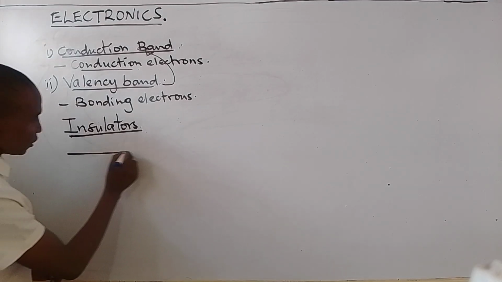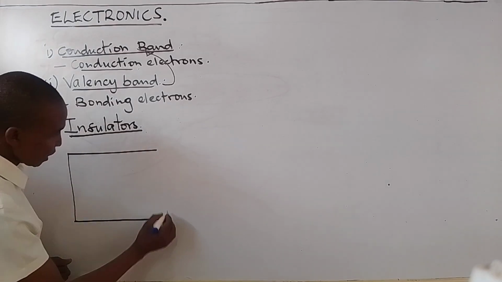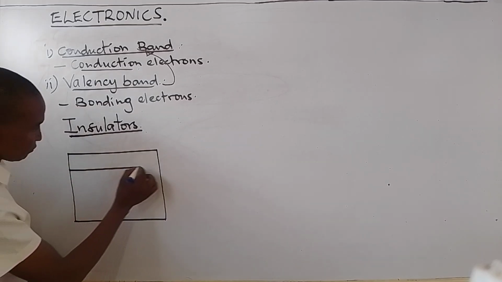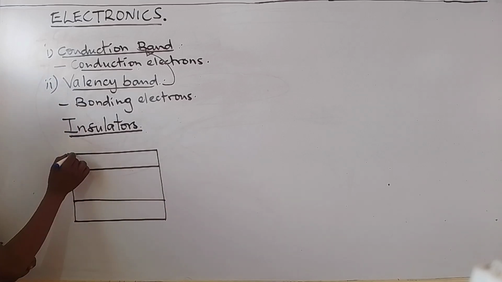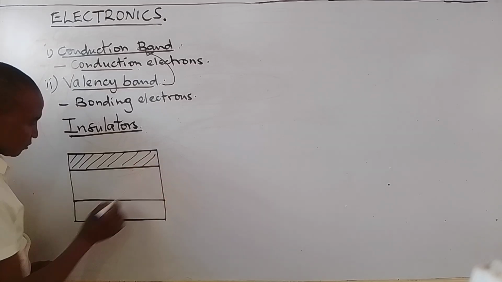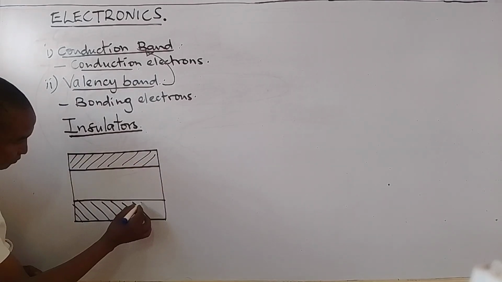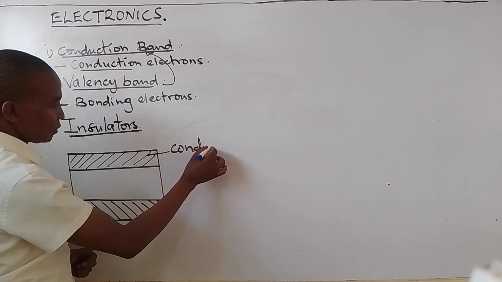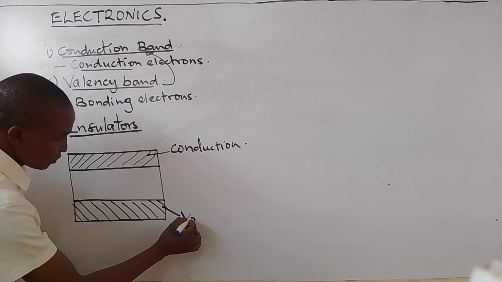Insulators. In an insulator, this is how the bands are arranged. We have the conduction band there, and this is the valence band.